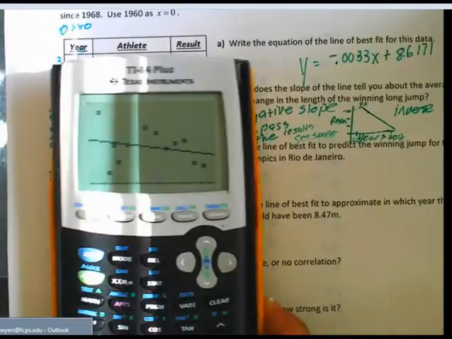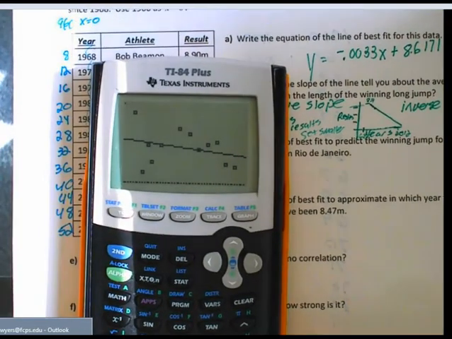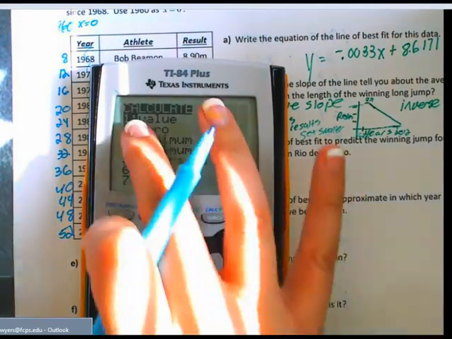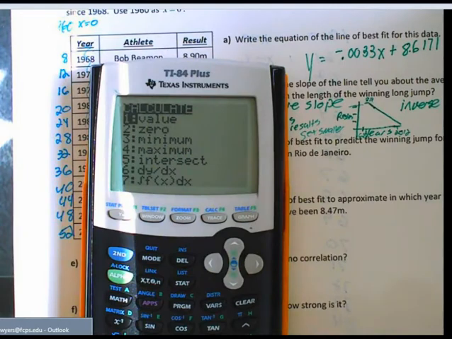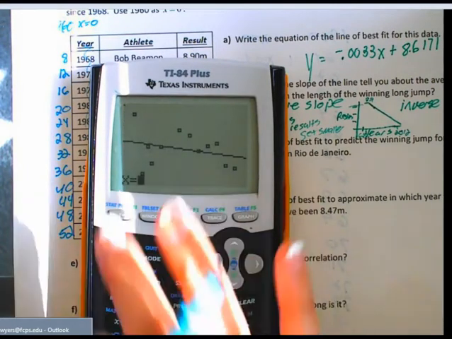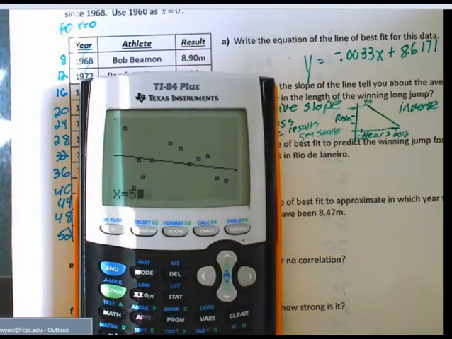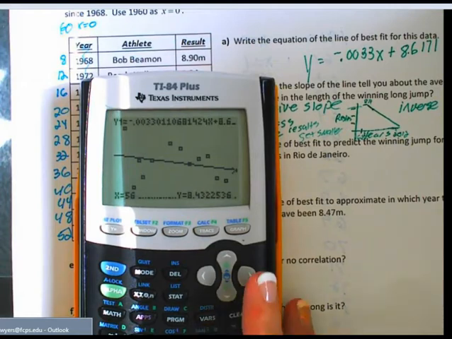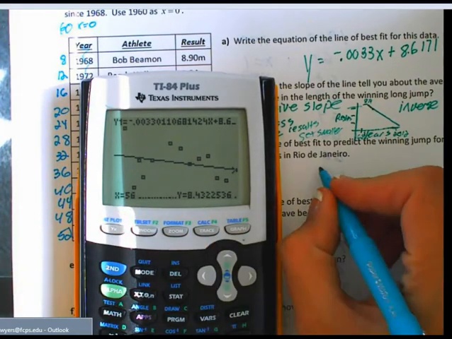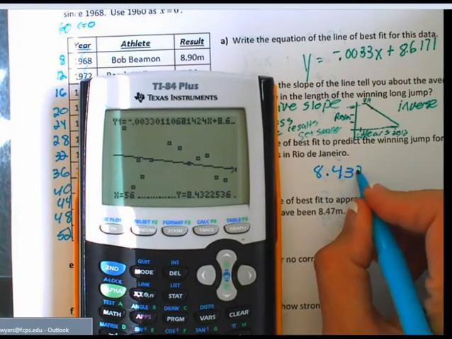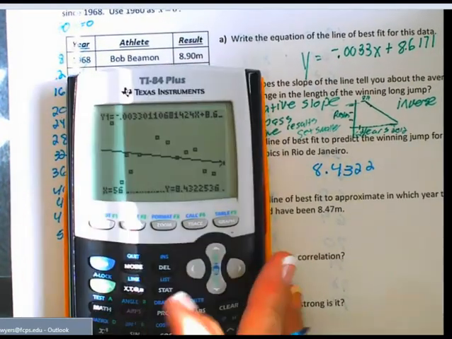My suggestion would be to go to second trace. The first one is value, which allows you to enter an x value, so I'm going to press enter. It asks for the x value, and we found that it was 56, so we enter 56. Our y value is 8.4322, and this is in meters.